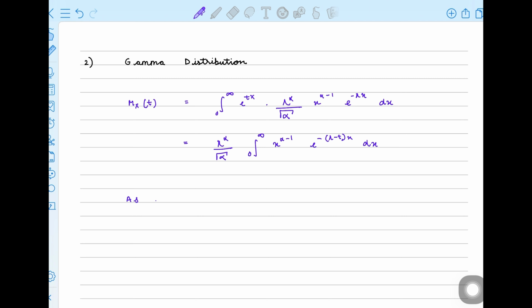As we know, gamma of alpha upon lambda to the power alpha is equal to the integral from 0 to infinity of x to the power alpha minus 1 times e to the power minus lambda times x dx. As we can see, the equation above follows the same form as this one does. Here, alpha is denoted as alpha itself, lambda is denoted as lambda minus t, as we can see clearly.